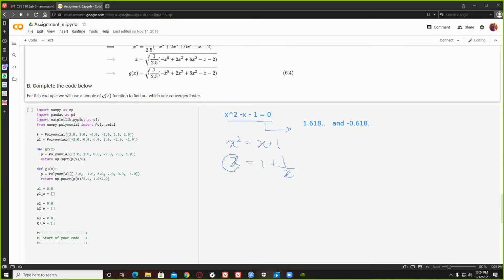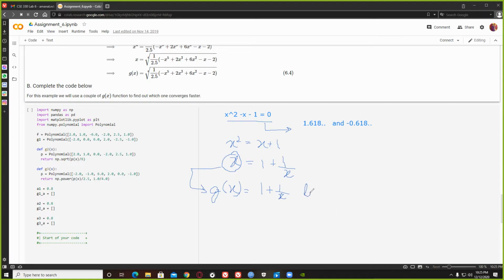Now this is our x, so we can also write that this is our g of x according to the formula we have discussed. So g of x is equal to 1 plus 1 by x. And if we put in values and iterate through, we will slowly converge to the root.